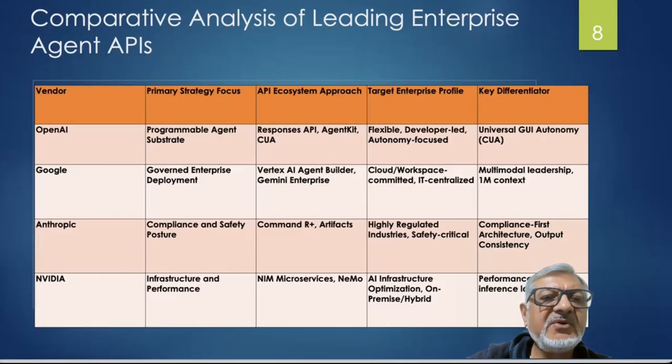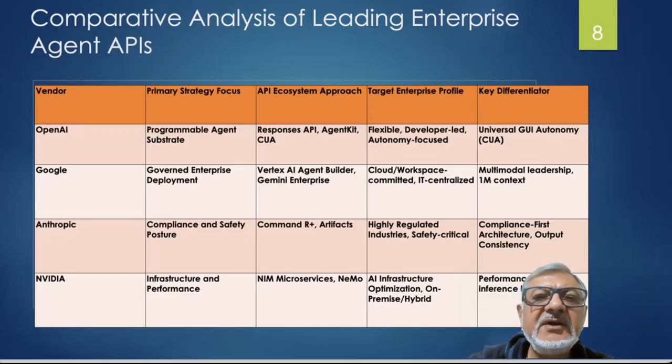Anthropic focuses more on compliance and safety features. The second column names some of the popular APIs of each vendor, the target enterprise profile is listed in the next column, and the key differentiator of each vendor is given in the last column.